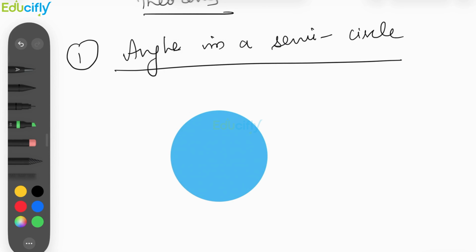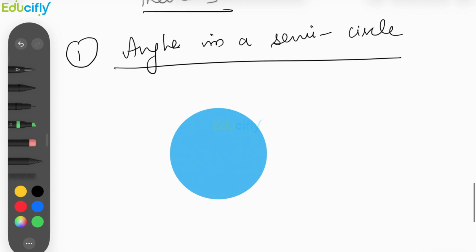So let's understand it. If you have a circle here, this is your diameter, like this. I'm marking the center of the circle as O. As I said, we have to take a semicircle here, so I am marking a few lines.